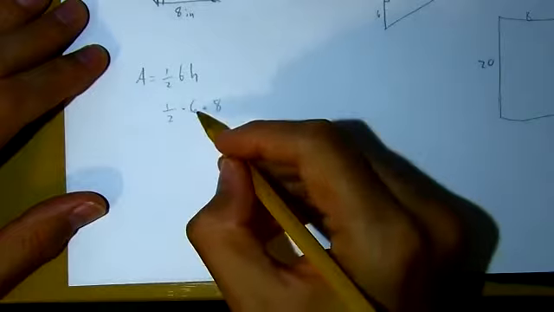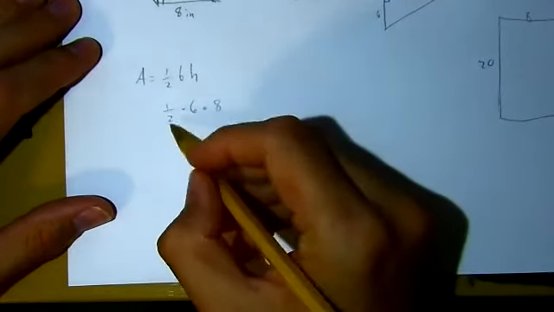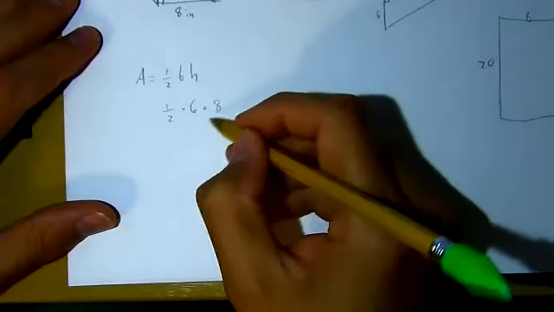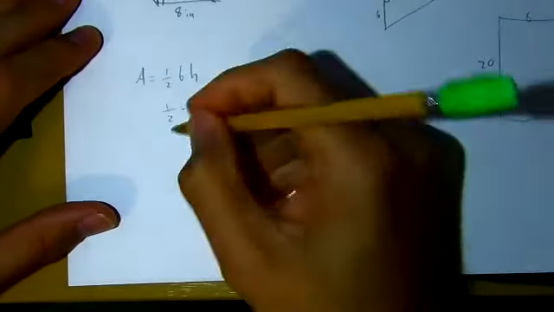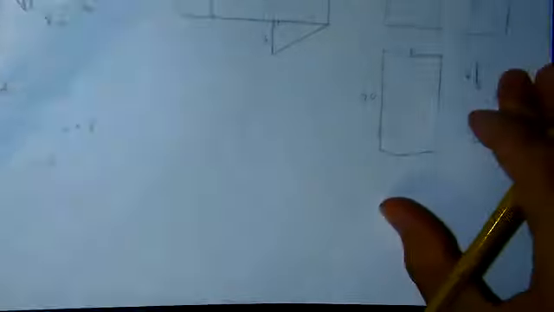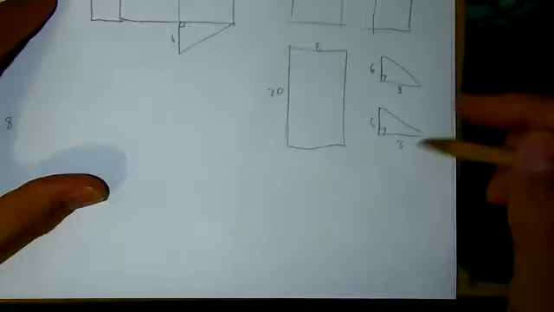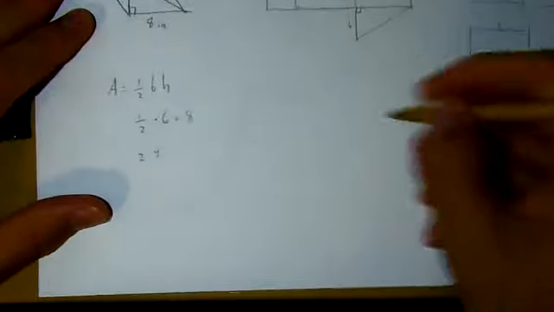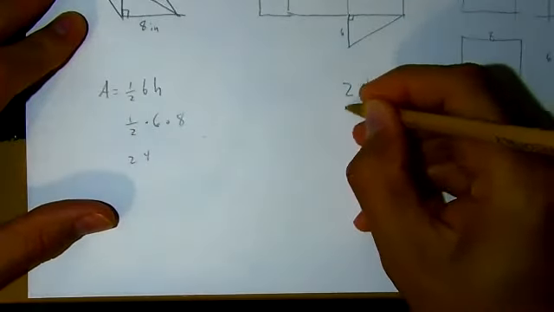And this only works if the first number is even, really. So I just take half of 6, and that's 3. And then I multiply 3 times 8. 3 times 8 is 24. Now don't make the mistake of just adding 24 once, because remember we've got 2 of these triangles. So you're actually going to add 24 twice.